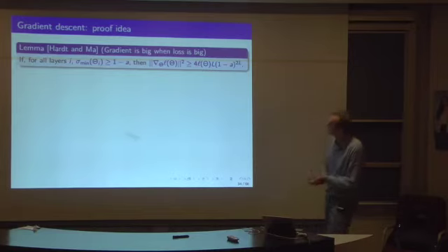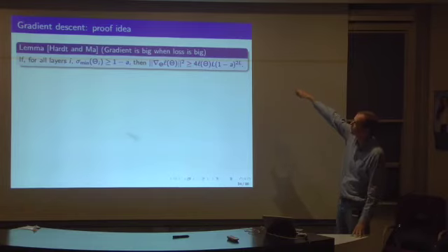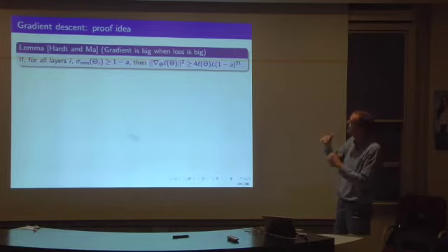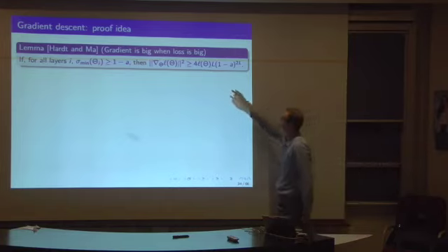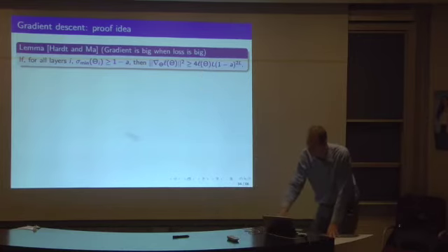The argument for this is, getting something quantitative out of the proof of the result of Hardt and Ma, you can show that if the smallest singular value of each Θ_i is bigger than 1 minus a, which is true if you're close to the identity, then the gradient is nice and big unless you're very close to the optimum.